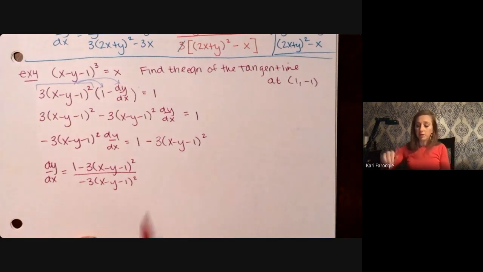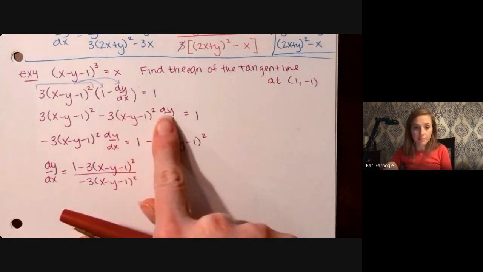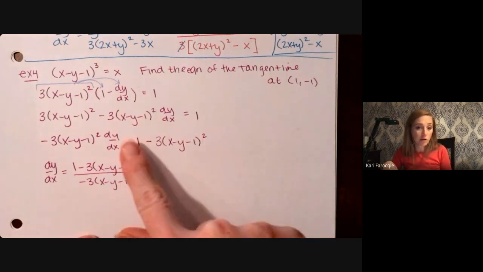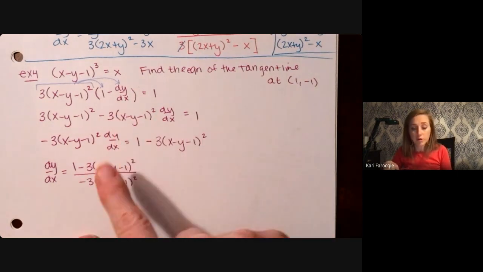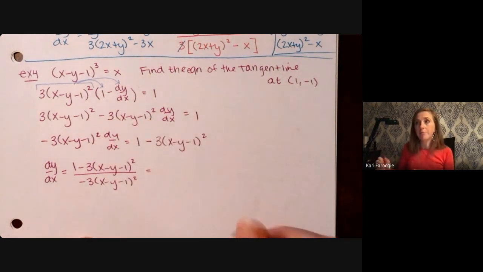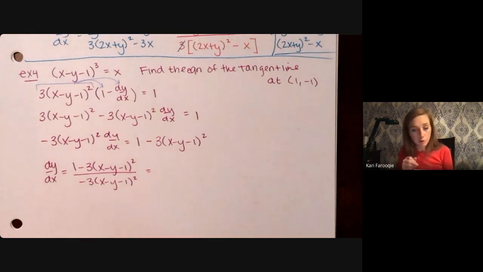Now, let's say that at this point up here, you had decided, well, let's just move the dy dx term to the right and we'll subtract 1 from both sides. You could have done that and all of your signs would have been the exact opposite. Now, I say that mostly just so that you understand that you could be working on the same exact problem with your friend from business calculus, and you might come up with the same or a different derivative than they came up with, but it will still be correct.